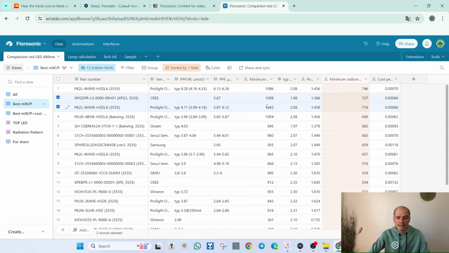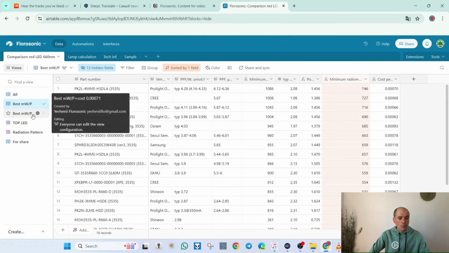We see in the table that the Cree has 1008 milliwatts and Prolight has 1043 milliwatts, but the Cree is in second place and Prolight in third place. This is because Cree has a lower typical voltage and so lower power, and as a consequence a higher minimum radiometric power at 60 degrees per the power of one LED.